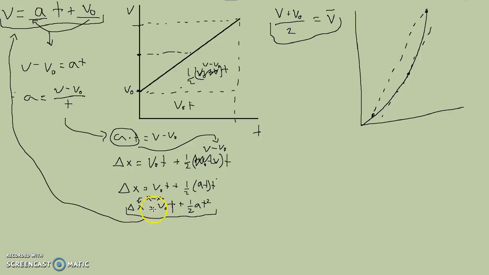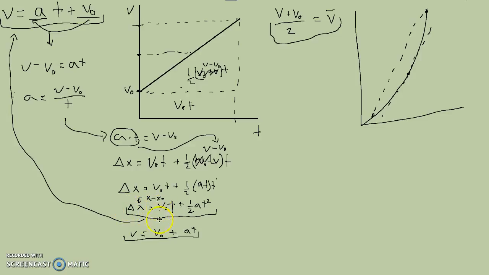If you take the derivative with respect to time, this becomes dx dt, or v. 1 times v naught is v naught, 2 times 1/2 is 1, and we subtract 1, leaving us with at. And so you can see that these two equations are actually related here through calculus.